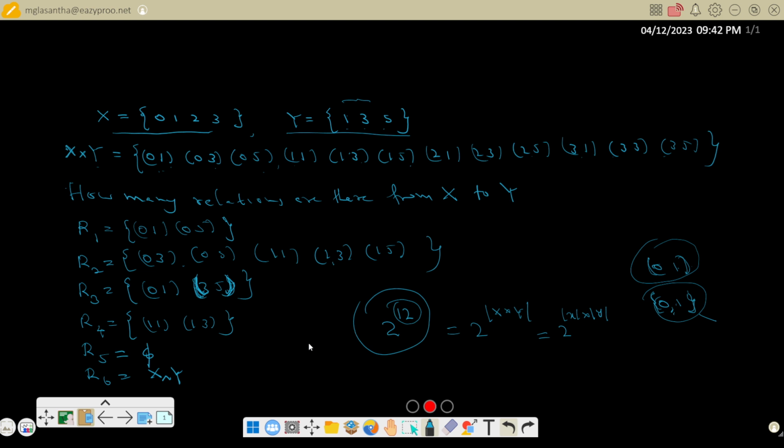The null set is also included, known as the null relation. The entire set can also be considered a relation, the entire relation. Okay, is it clear?